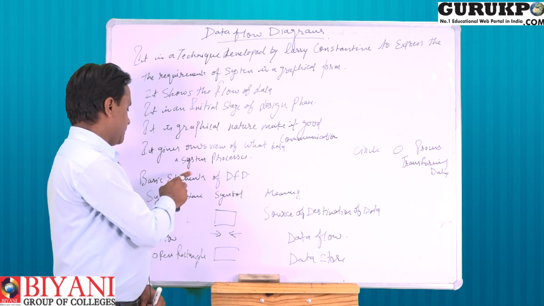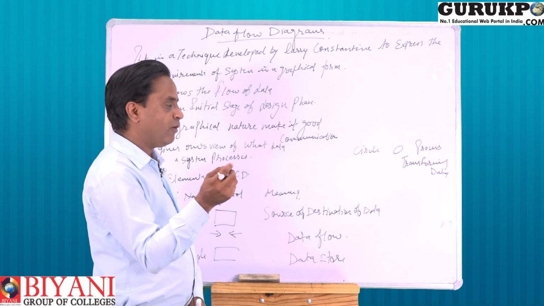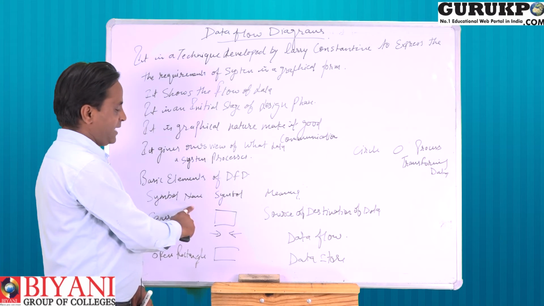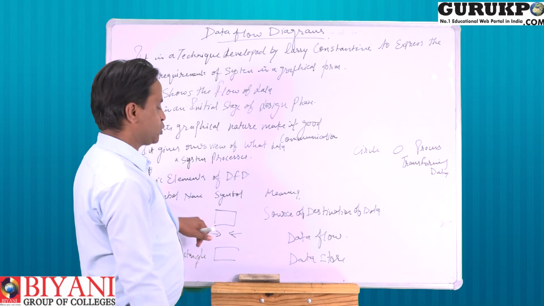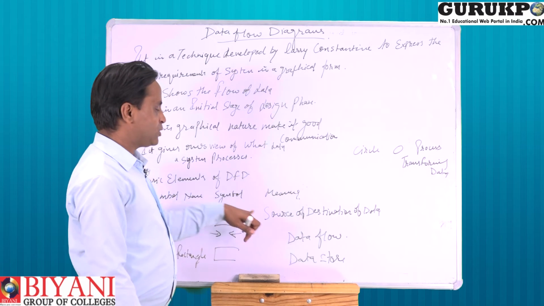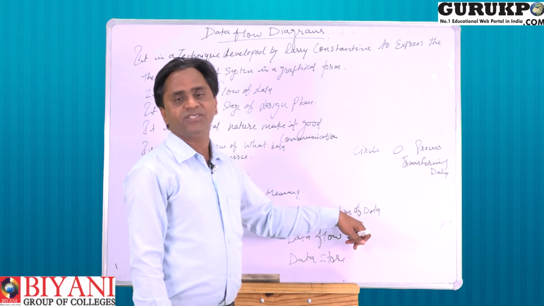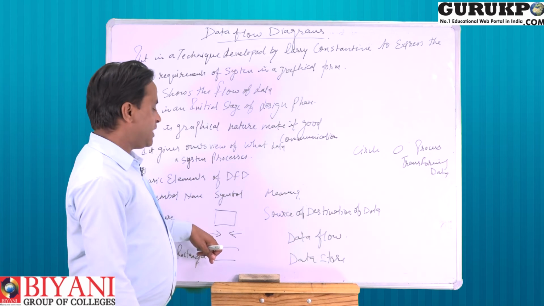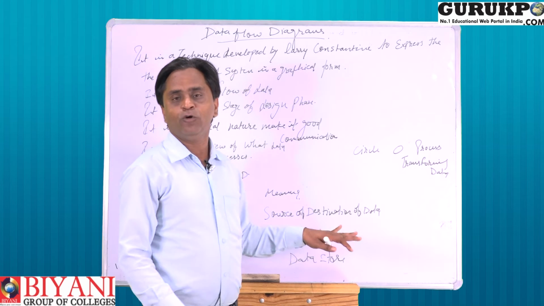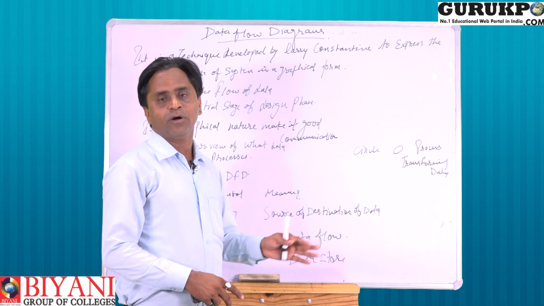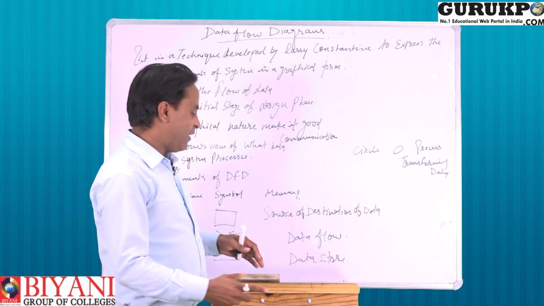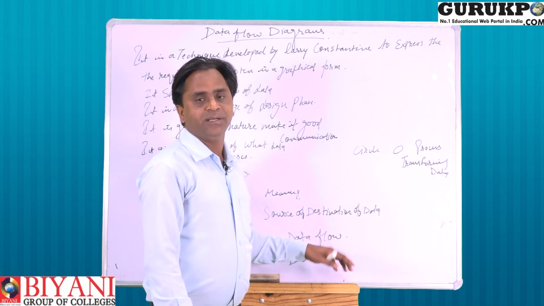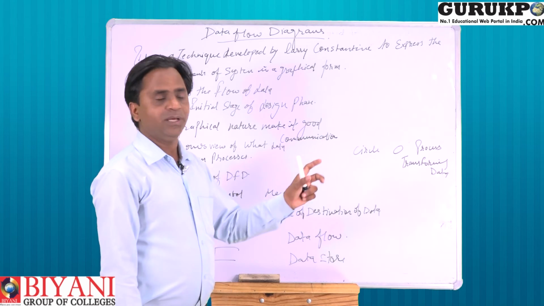Now some basic things: the basic elements of DFD, with symbol name, symbol and meaning. First, a square is the destination of the data in our DFD diagram. Next, arrows are used for data flow, meaning data flows from left, upper or down, whichever we use. An open rectangle means data will be stored in a particular way.